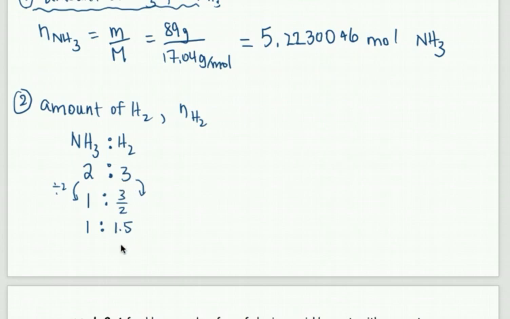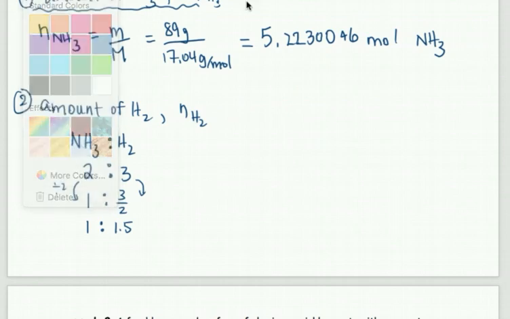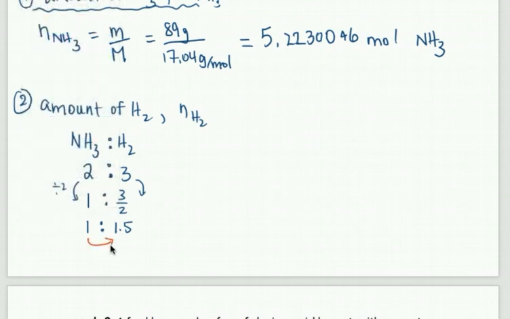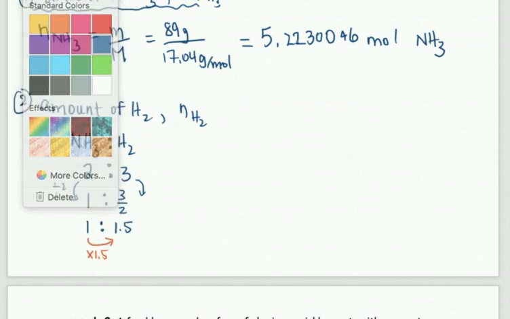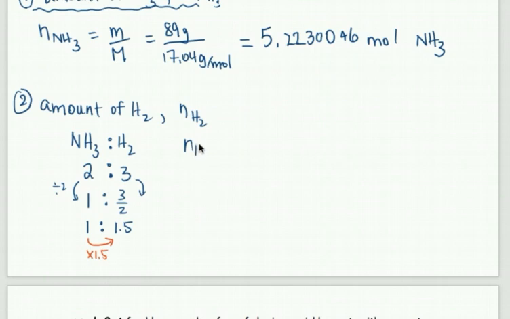Okay, all right, so now that you know the ratio here, what you did to go from ammonia to hydrogen is you multiply by 1.5. Okay, so for us to calculate now the amount of hydrogen, you're going to take the amount of ammonia, which was right there, 5.223046, etc. So you still have this on your calculator.